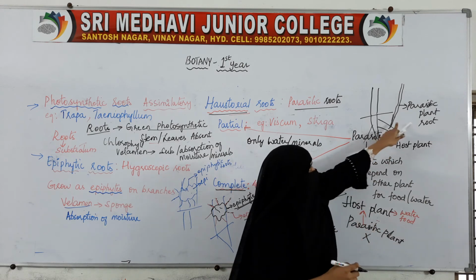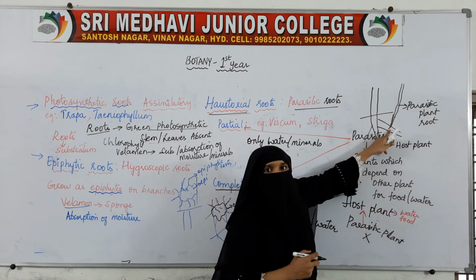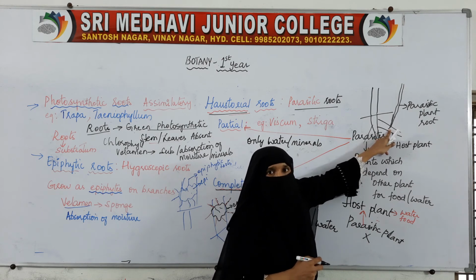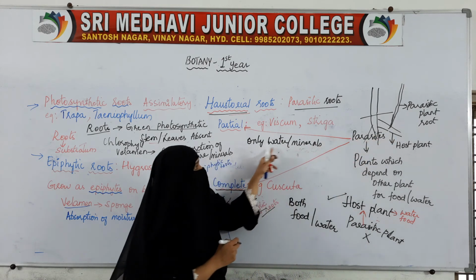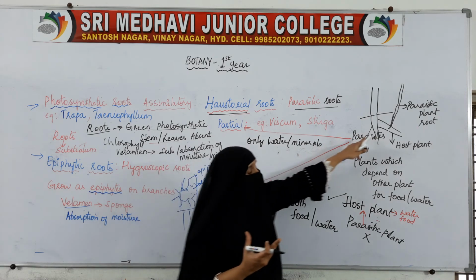The root of the parasitic plant will penetrate inside the root of the host plant to take the water and minerals, because roots absorb water and minerals.